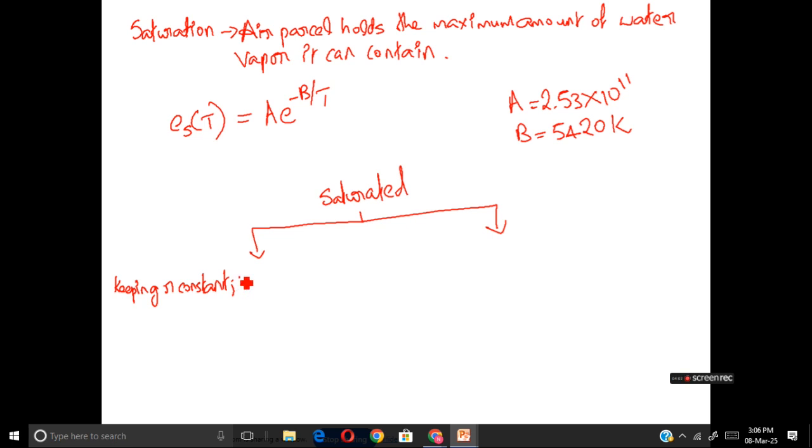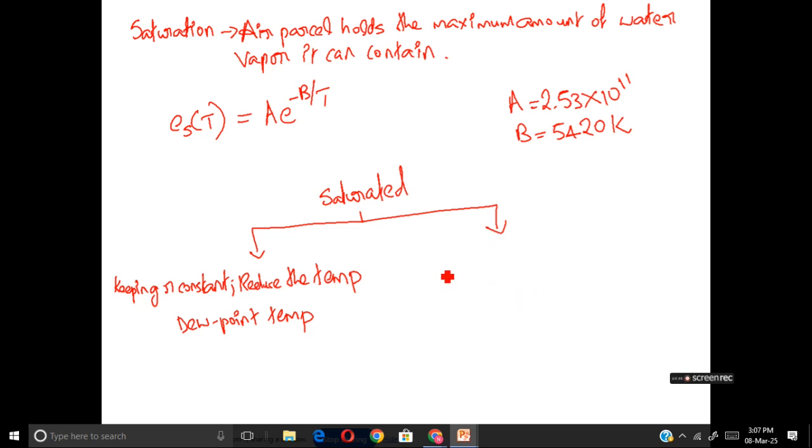But if we reduce the temperature, the capacity of the air parcel to hold water vapor decreases, and it will eventually become saturated with the water vapor amount it had initially, without adding more water vapor. So that temperature we got was the dew point temperature: the temperature up to which the parcel should be cooled for the parcel to become saturated.